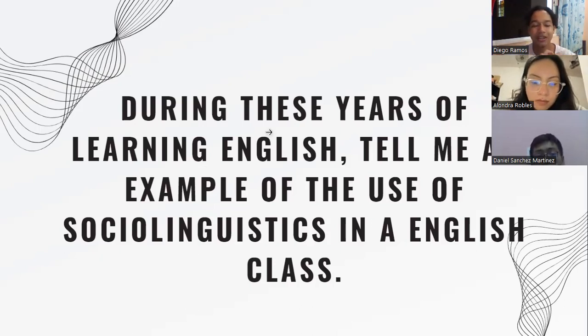In our books we also see boxes explaining, for example, that this word means something in American English and in British English means another thing.